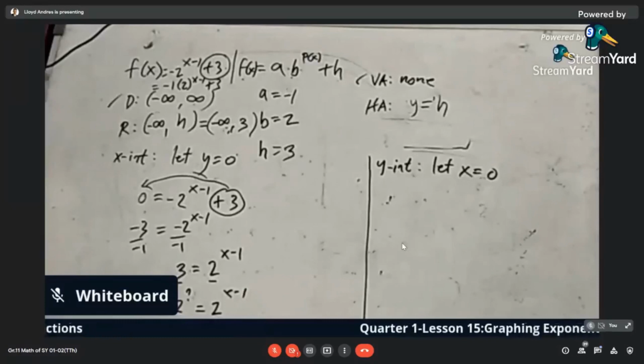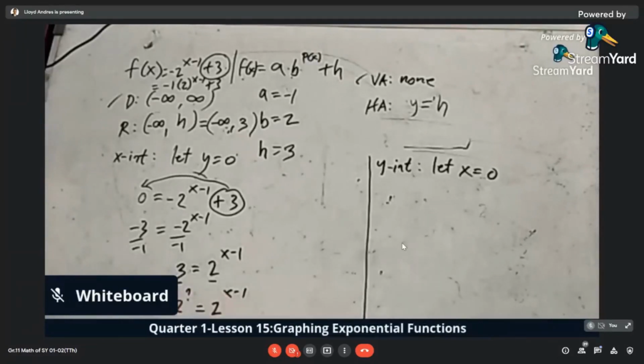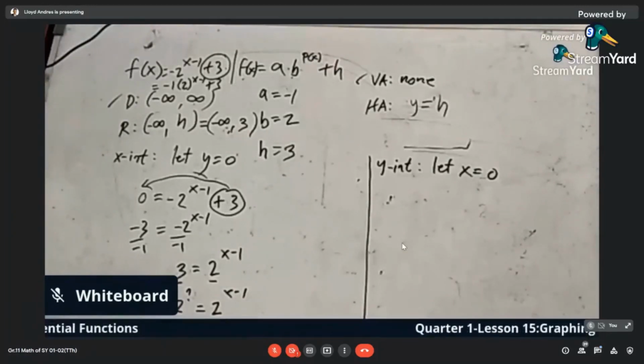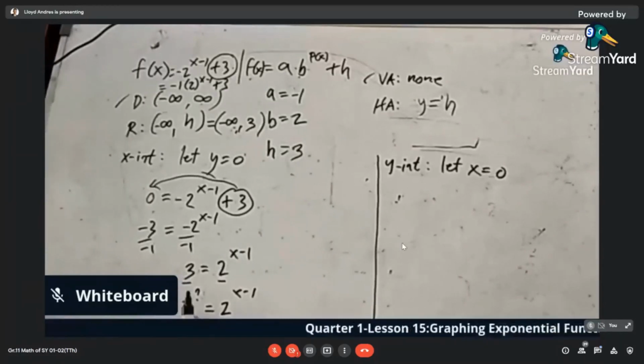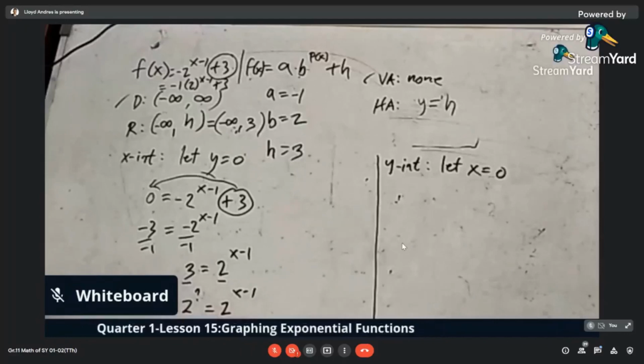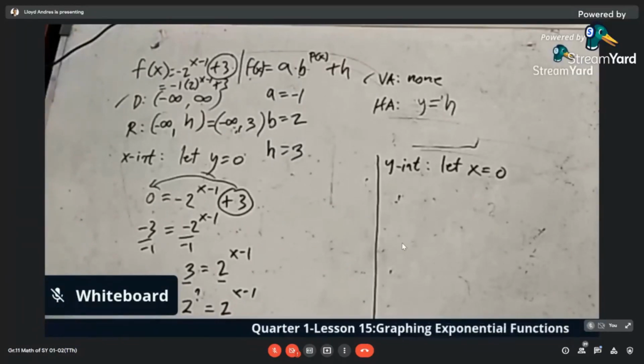Since for the meantime, wala tay mapangita na value aning kung saan nimo pag-express si 3 nga 2 raised to unsa para ma 3. So, for the meantime, exponential pa lang manguta, wala pay logarithmic function.